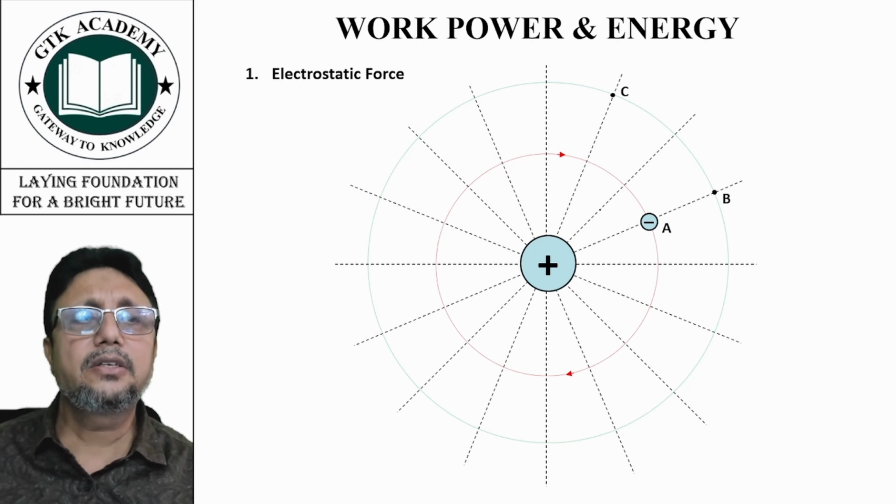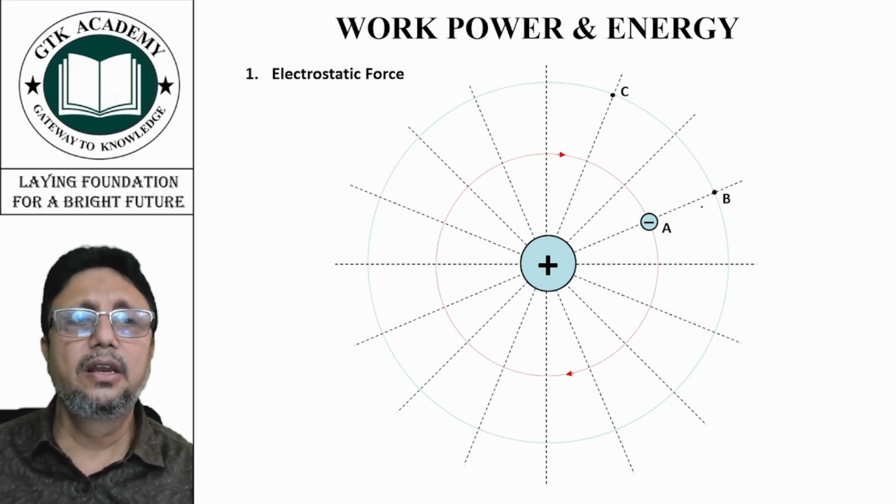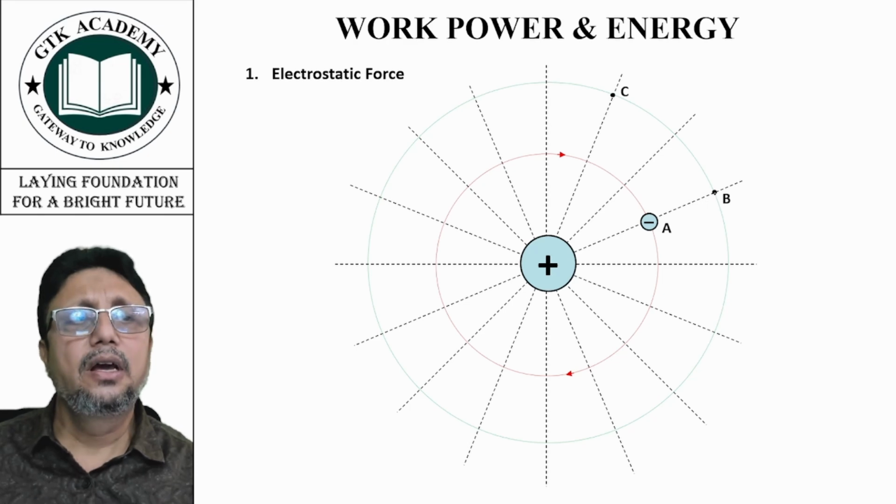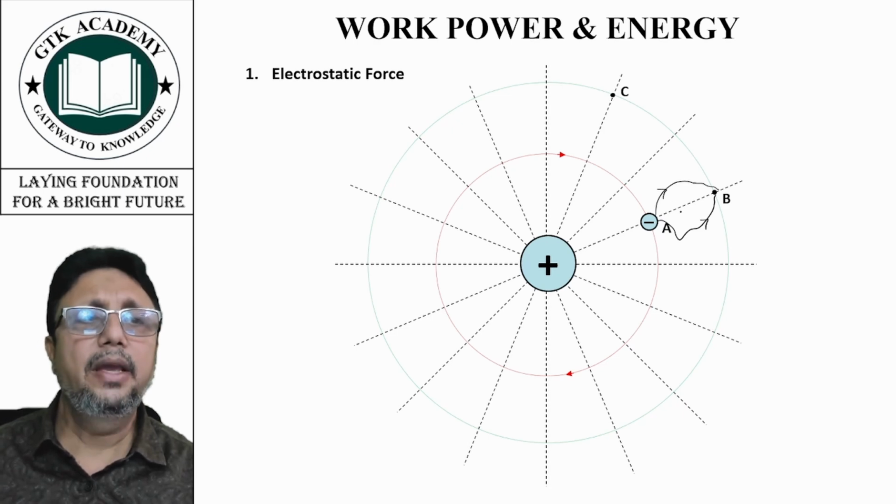So if you take it in a circle shown by red color and complete a whole circle, there will be no work. But if you take from A to B, again the same case we discussed in the case of gravitational force, and whatever route you take, this one, this one or any other route, the work done will be the same.